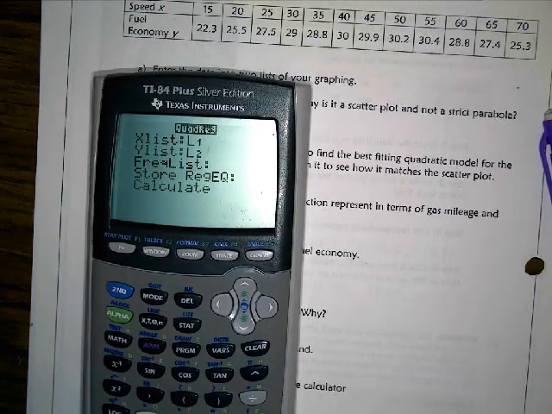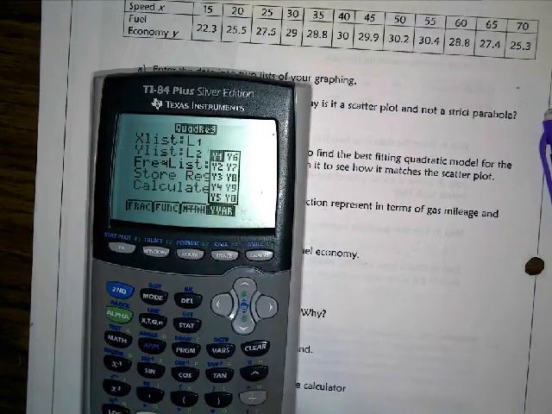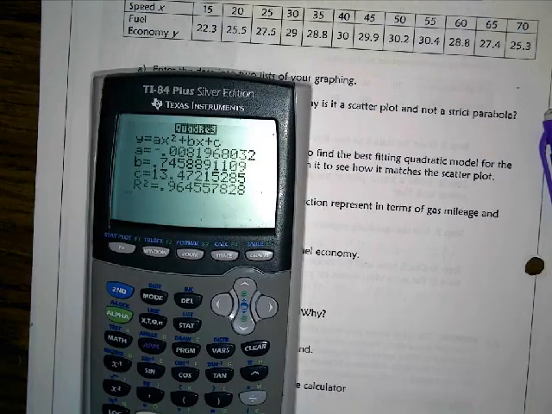Before calculate, I do alpha trace, and that's where I'm going to get my y1. That's going to take the equation that I calculate. It's going to plug it back in for me so I can graph it. So I'm going to press enter. And now I can press enter again and let it do the calculation. Okay, so let's go ahead and write down the values that we got.